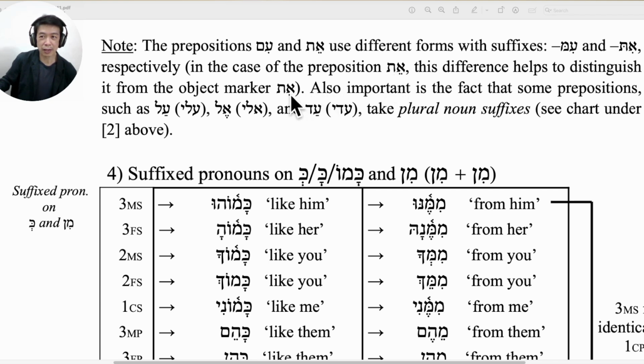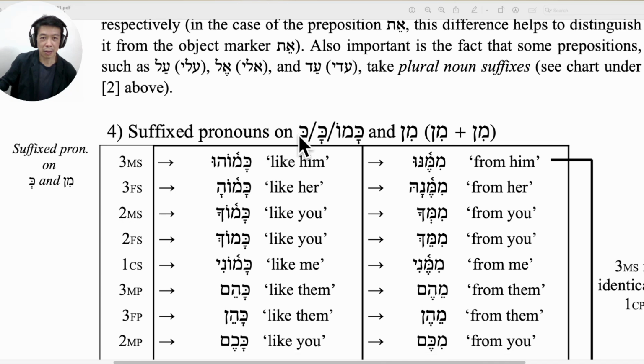Also important is the fact that some prepositions such as al, el, and ad, they also take plural noun suffixes. So it's important to take note of these little differences.